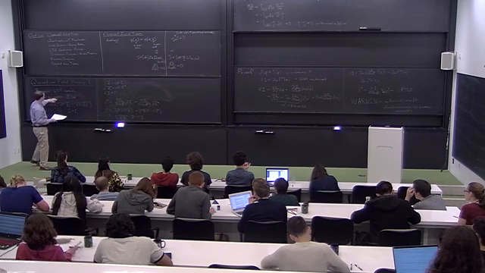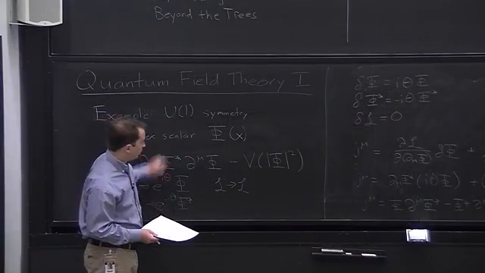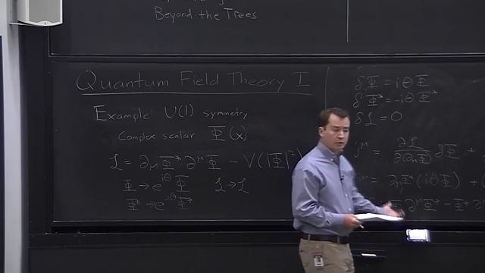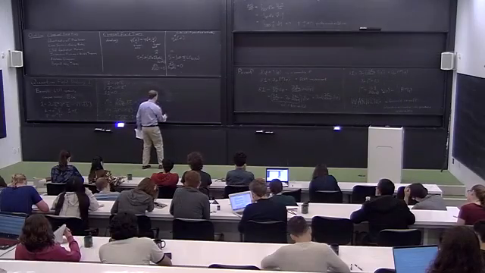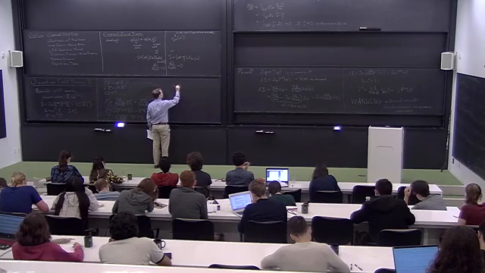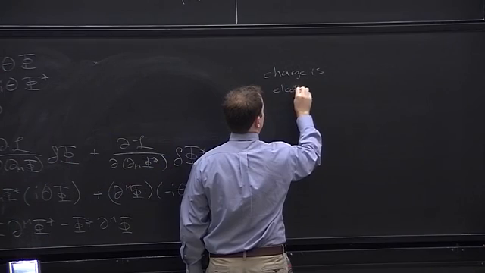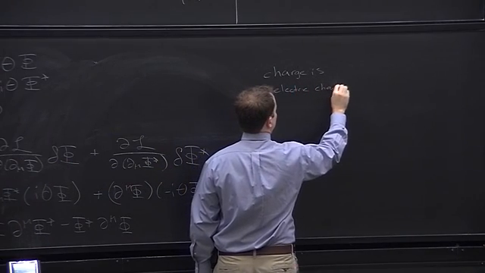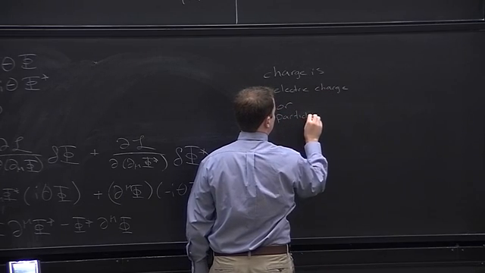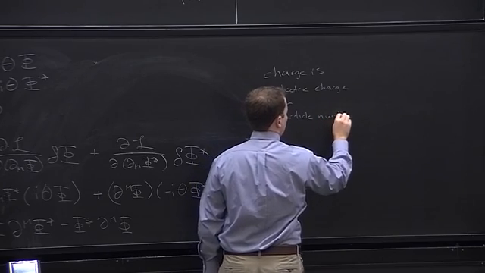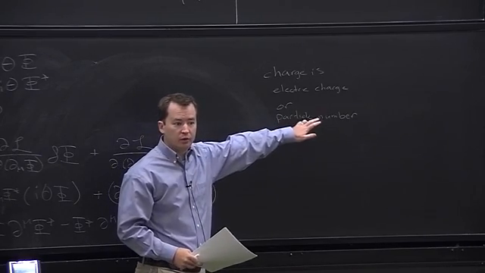Tibor will tell you all about how electromagnetism has a U(1) symmetry, and it can also be interpreted as particle number in other contexts. And by particle number here, I mean the number of particles minus the number of antiparticles.